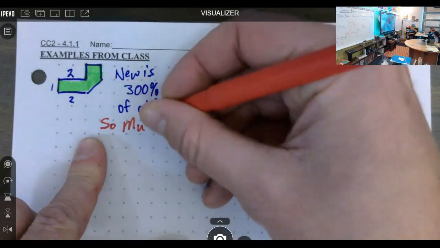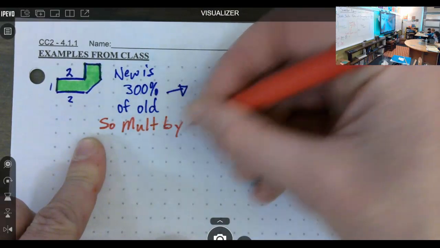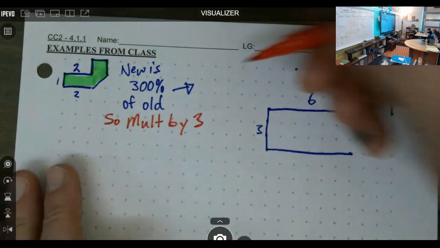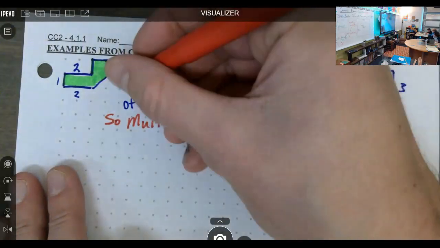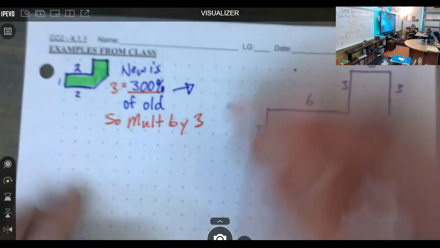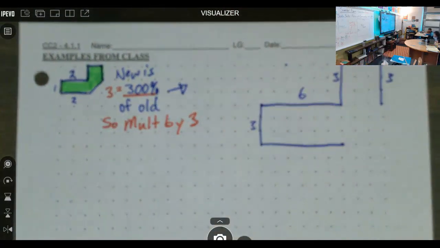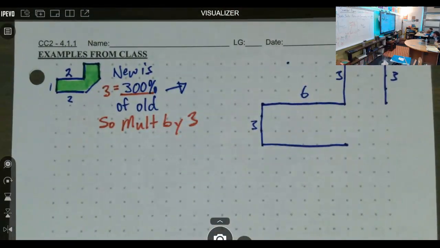That's what I said. Guys, because 300% is 3. Right? As we've been learning our percent conversions, 300%. If I order 1 pizza and they bring me 300% of what I ordered, they brought me 3 pizzas.